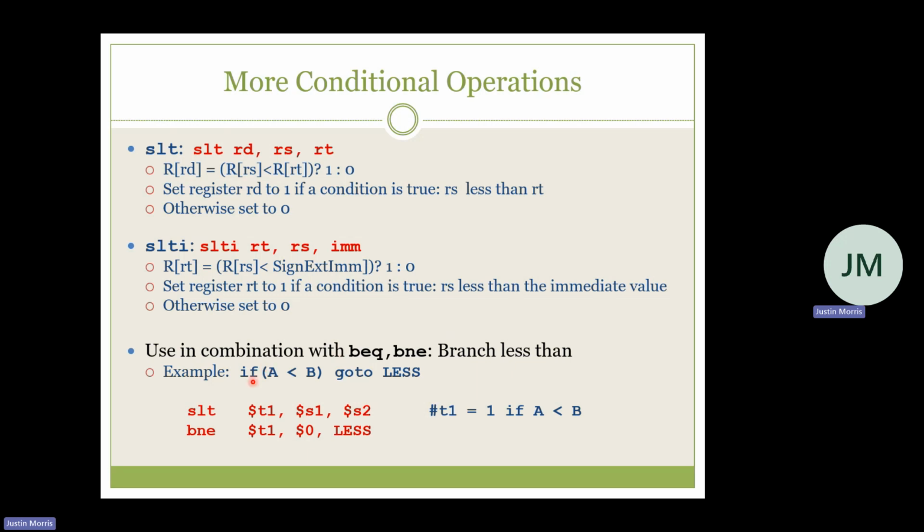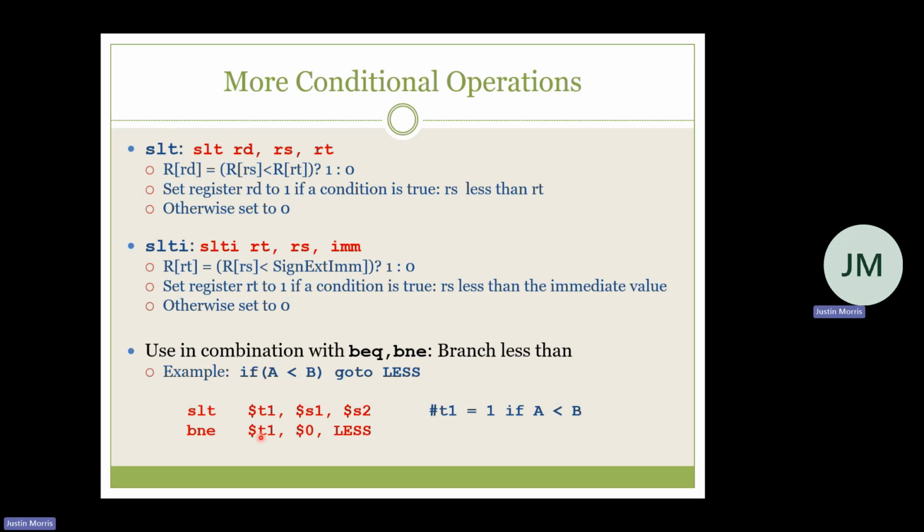So what you can do is check your condition with set on less than, and if it is true, then the register T1 will be set to 1. And then depending on what condition you really wanted, less than or greater than or equal to, you can branch not equal or branch equal on the destination register from set on less than with register 0.